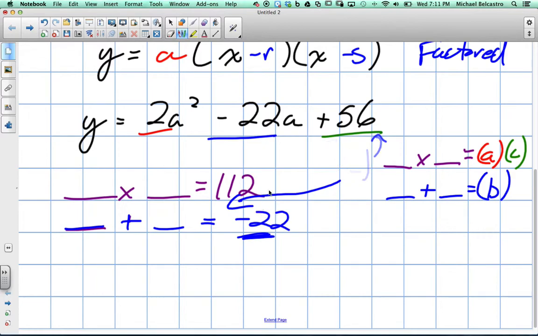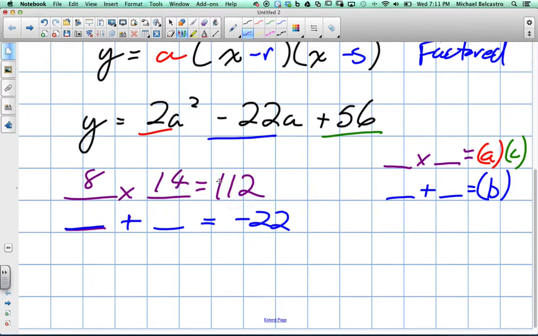Okay? And luckily, by going through the process, I discovered 8 times 14 gets us here. 8 plus positive 14 doesn't get us to negative 22, but negative 8 times negative 14 does. Okay? And negative 8 times negative 14 is positive 112. So those are my 2 terms. Those are very important for what we're going to do.